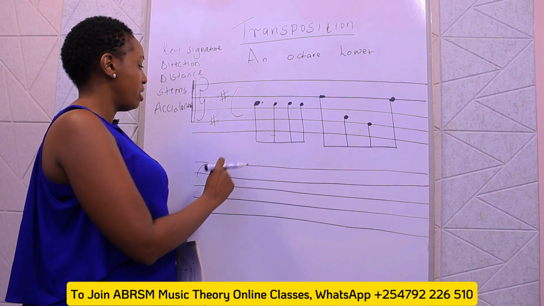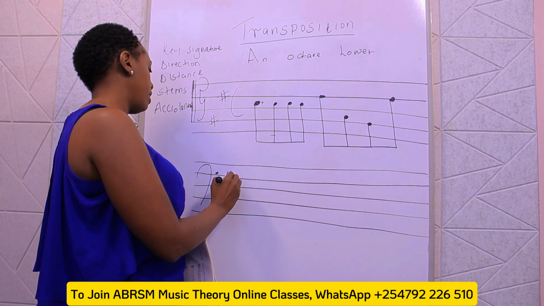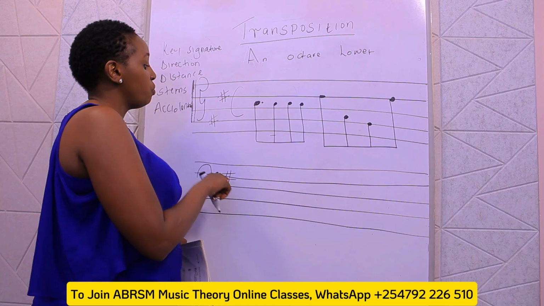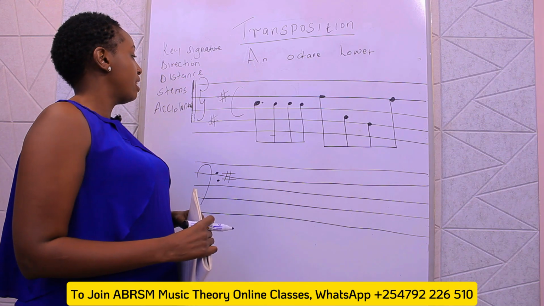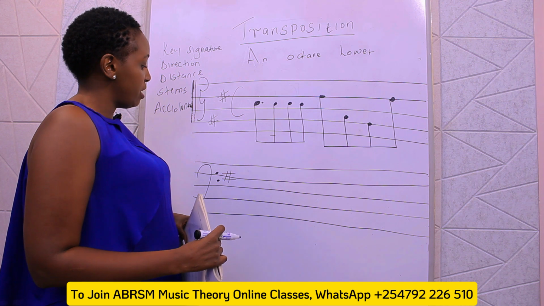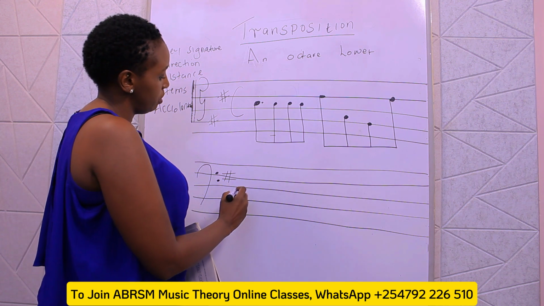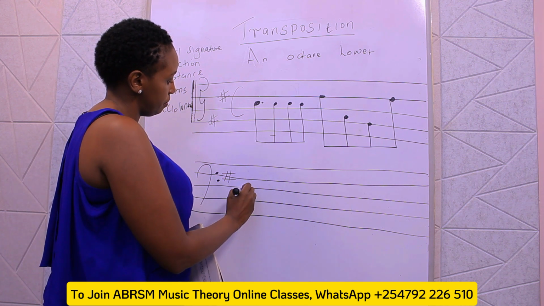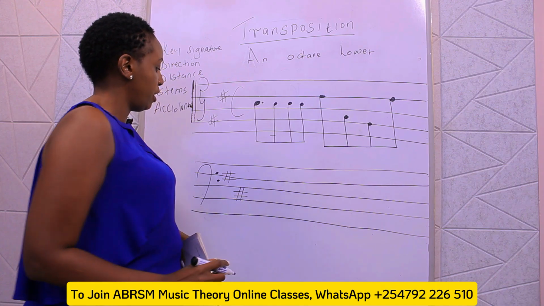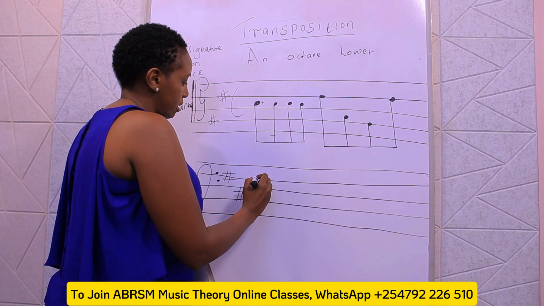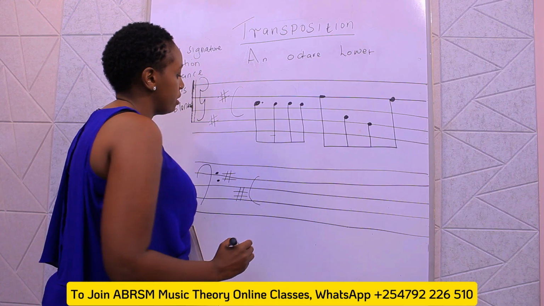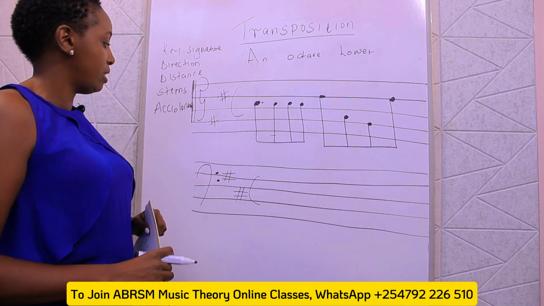But now my first sharp, which is F sharp, will be on our fourth line. And then from there, I will put a C sharp, and I'm going to put it down here. Okay, there you go. That is my D. Then I put the common time as it has been put there.